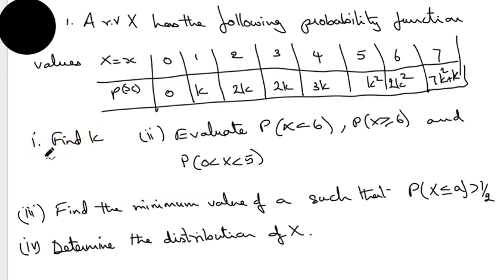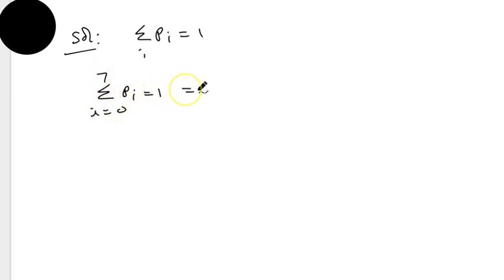Finding k we are already very familiar with, so we can start right away. We know that summation p_i equal to 1. So upon adding all the p_i's, summation over i, i runs from 0 to 7, p_i equal to 1.